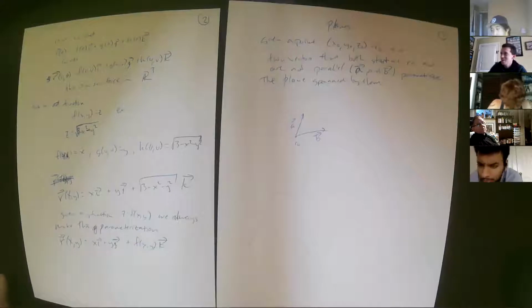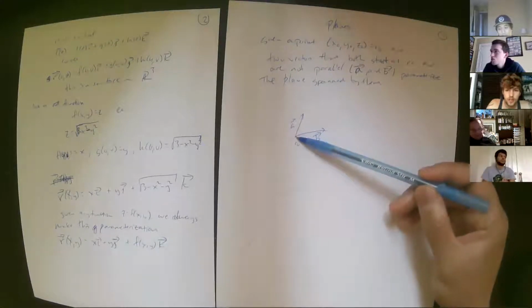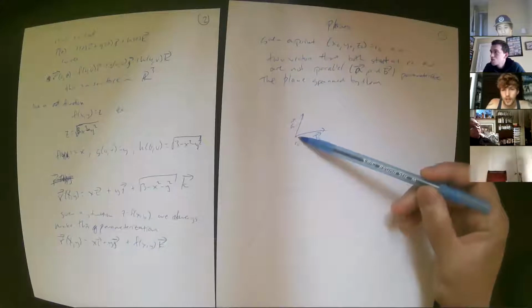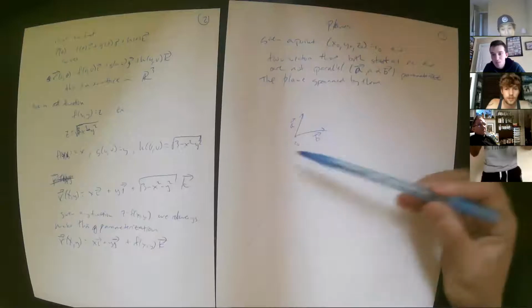So how do I find the plane spanned by these two vectors? How am I going to parameterize this plane? Let's say I was an ant and I started right here. How would I get to another point on this plane? You follow A or B. I follow some number of A's and some number of B's, right?